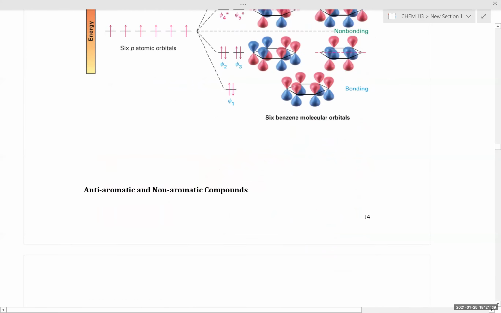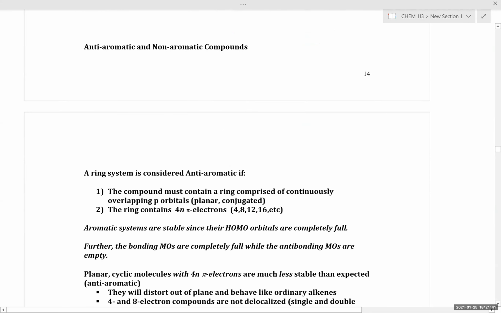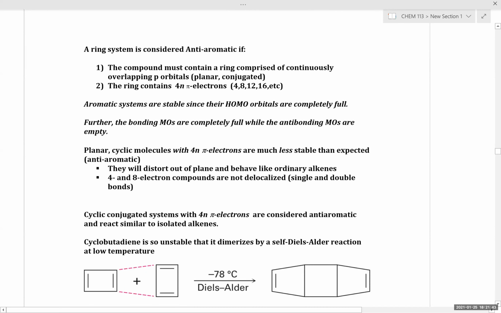So let's talk about anti-aromatic and non-aromatic compounds now. A system is considered anti-aromatic if, first, the compound contains a ring of continuously overlapping p orbitals, and it contains 4n pi electrons.